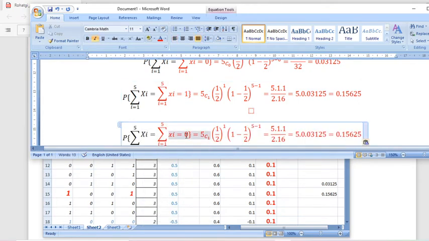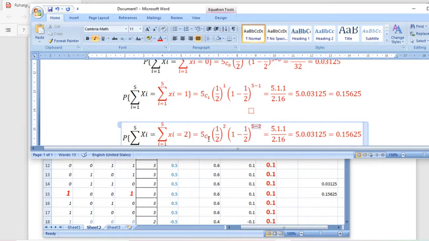So what will be the case when summation x equal to 2? What is the value of 5c2? 5 factorial by 2 factorial into 3 factorial.